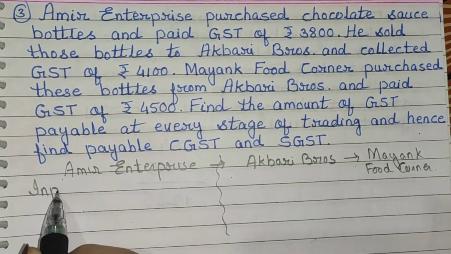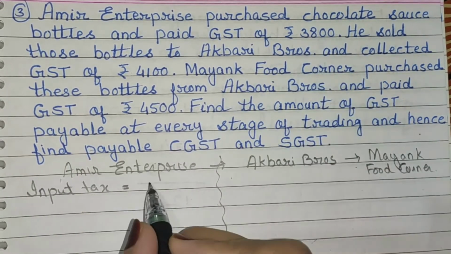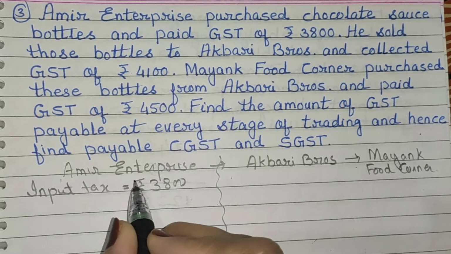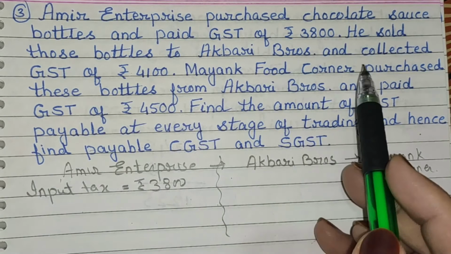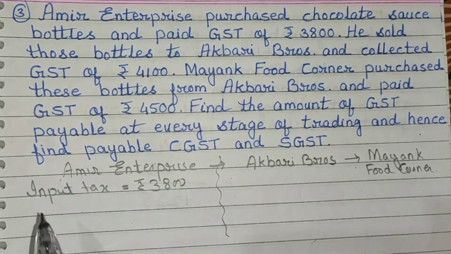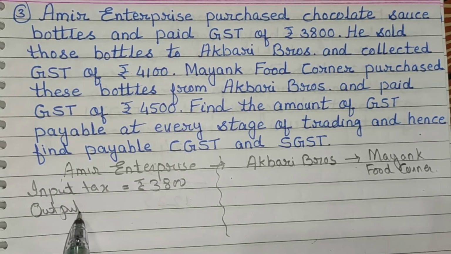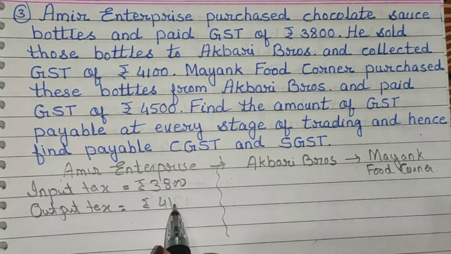Paid GST means input tax, which is equal to rupees 3,800. He sold those bottles to Akbari Brothers and collected GST. Therefore, collected GST means output tax, rupees 4,100.